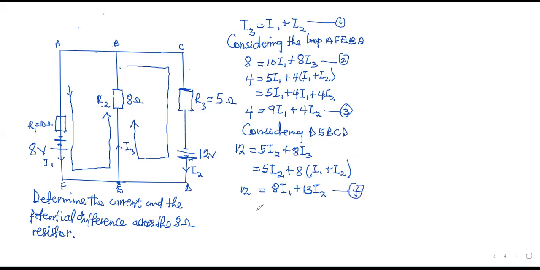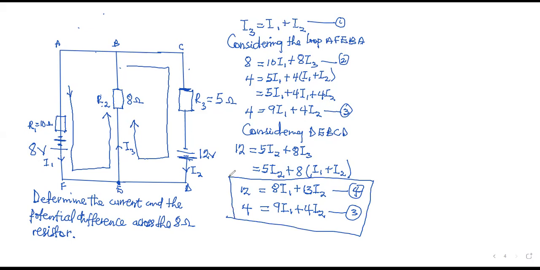So you solve equation 4 and equation 3 simultaneously. Help me solve equation 4 and equation 3 simultaneously to obtain I1 and I2. Start with 13 I2.